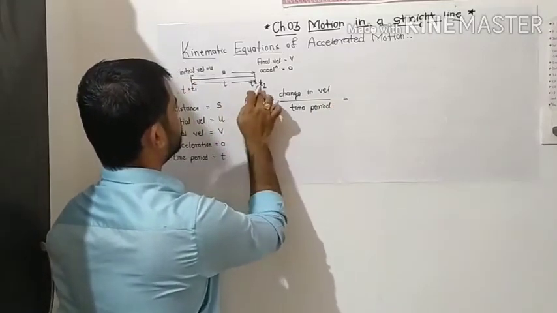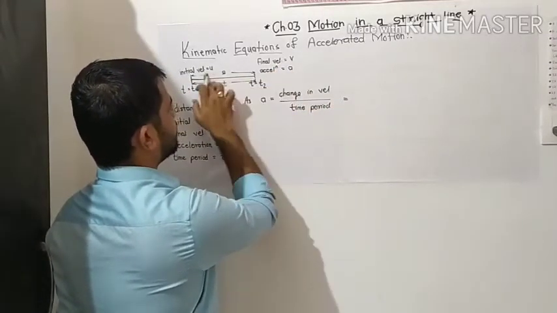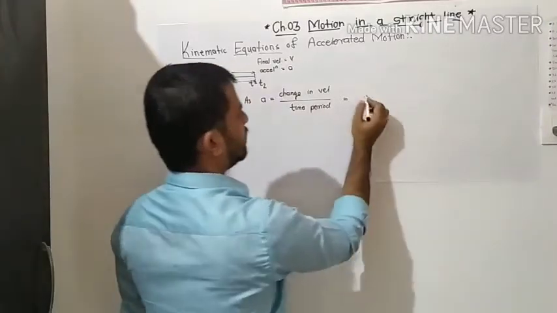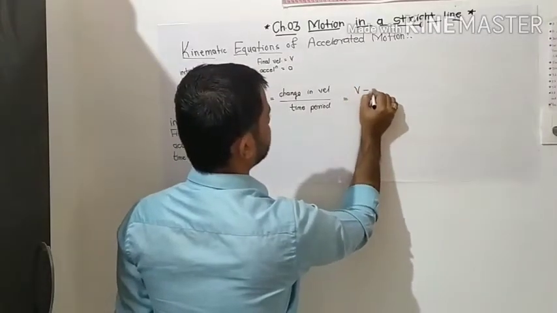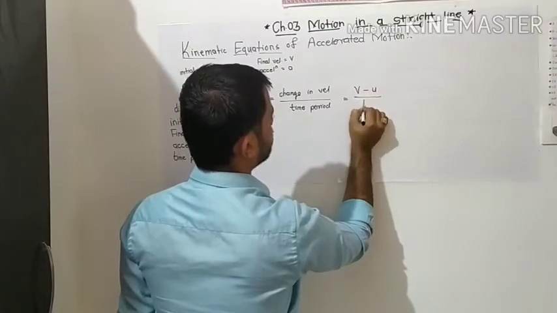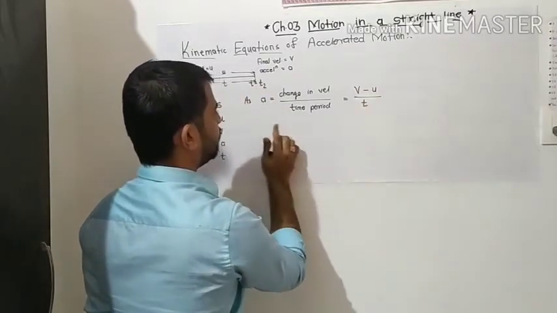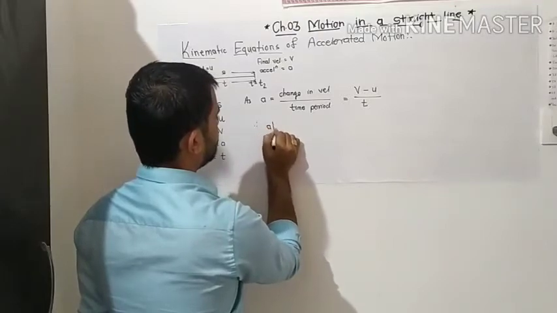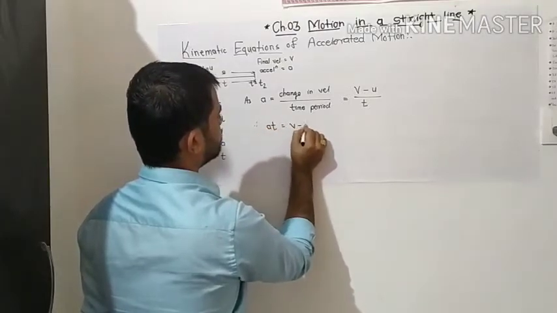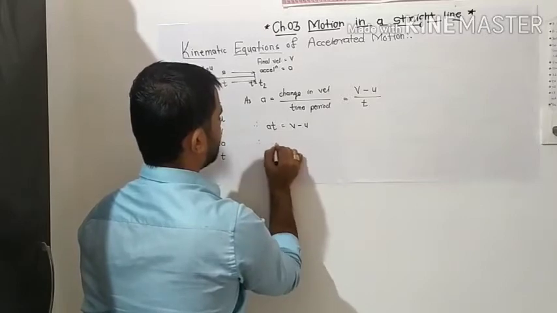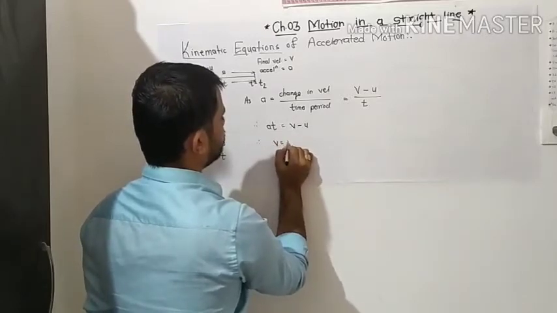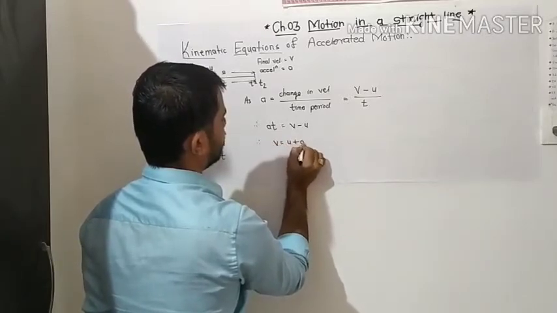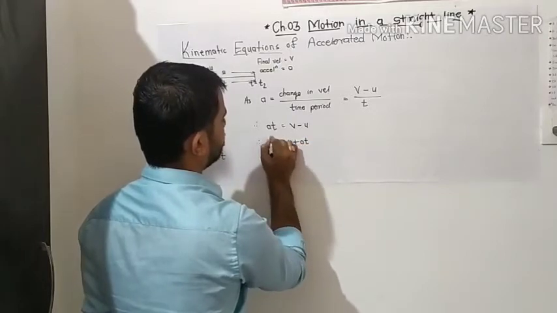Change in velocity is equal to final velocity minus the initial velocity. So acceleration a is equal to v minus u upon t. Therefore a into t is equal to v minus u, and therefore we can write v is equal to u plus a into t.